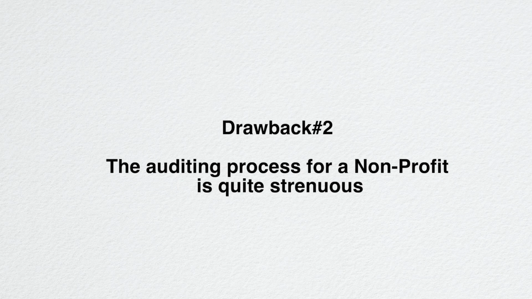Another drawback is regulations or the auditing process for a nonprofit is very strenuous. You have to do audits every 2 years and submit to the tax office to state that your business operation is still operating within the mandate that you initially registered.